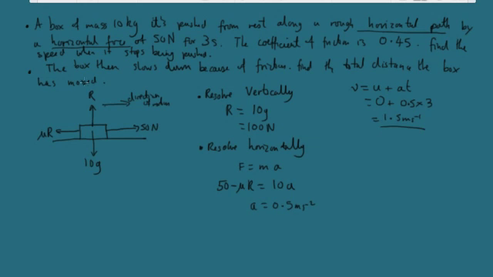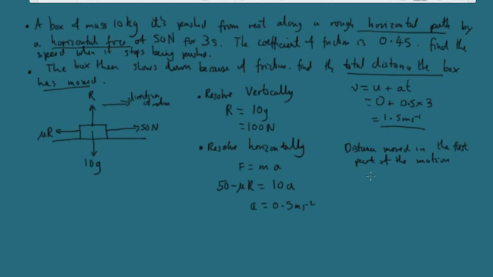Now, the second part of the motion, the box then slows down because of friction. Find the total distance that the box has moved. So the total distance is the two parts of the motion. So this is part one of the motion. So we can work out the distance moved in the first part of the motion.